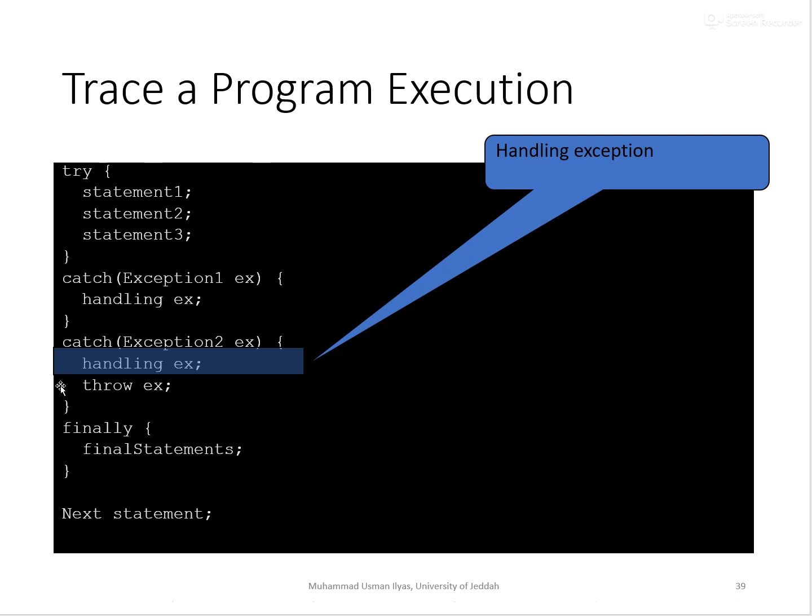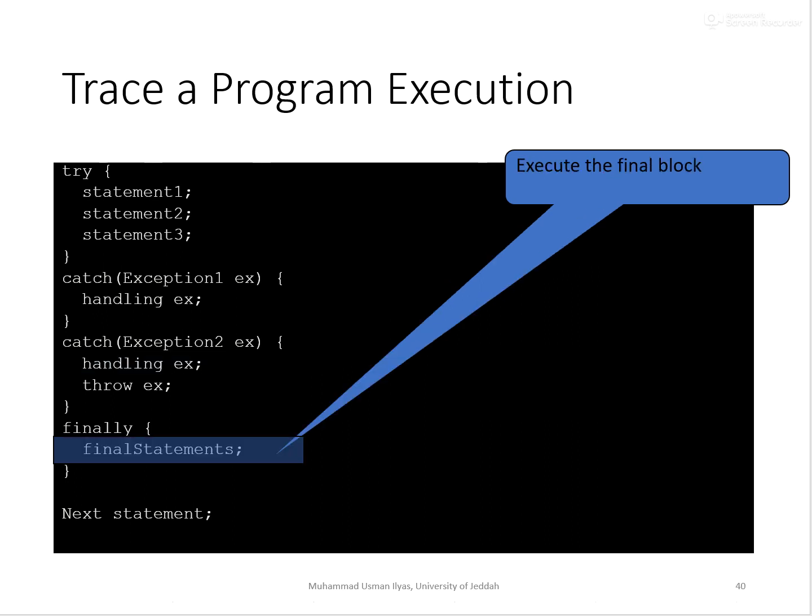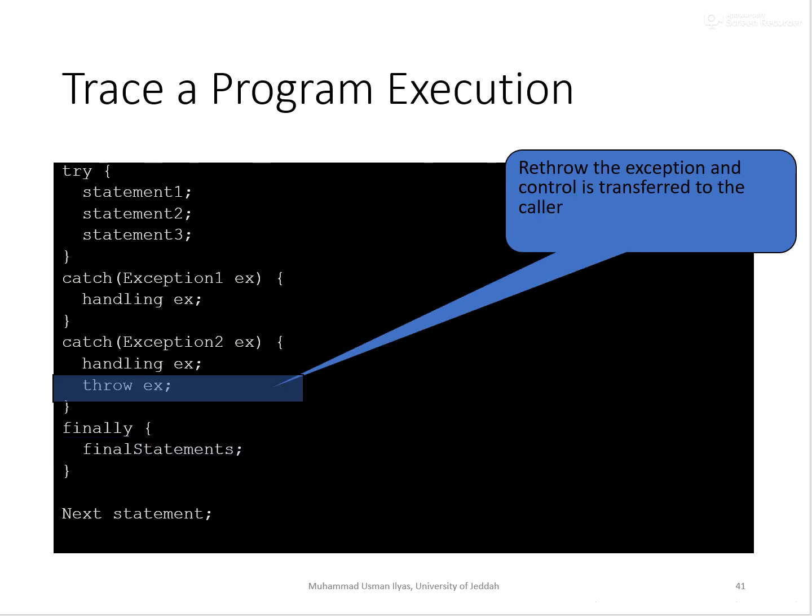But before this rethrowing of the exception occurs, we jump to the finally block, execute whatever's in there, and then jump back to the line that rethrows the exception in the second catch block. So this is perhaps a little unexpected, this jumping from the catch block to the finally block and then back to the catch block to rethrow the exception.